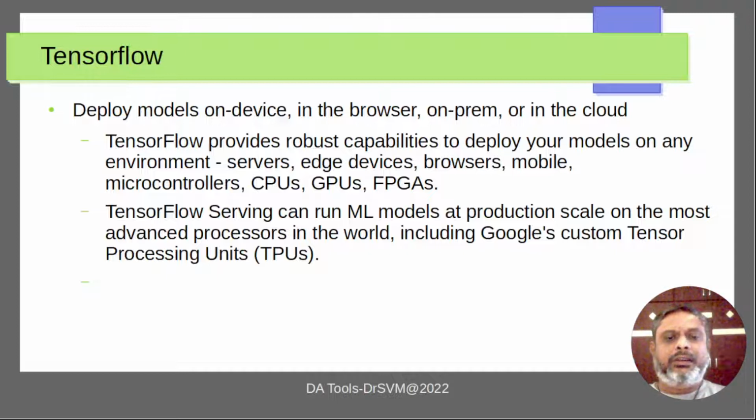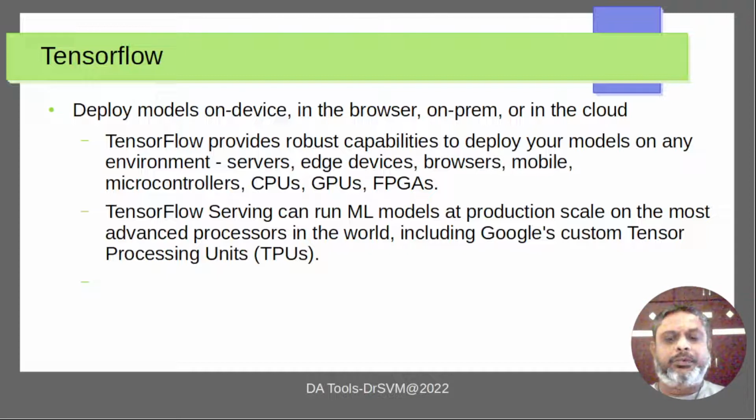TensorFlow serving can run machine learning models at production scale on the most advanced processors in the world, including Google's custom tensor processing units, TPUs, which are very famous when it comes to working with multidimensional data, especially image and video processing.